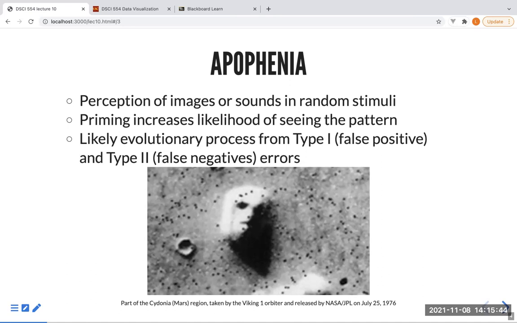So this likelihood of seeing patterns, that is called again apophenia, is increased in the case where you have previous exposures. So the face is again a good example. We've been exposed to faces since birth, and we're very good at reading them. So that's one of the main things that the brain is working on subconsciously when it looks at a scene, to try to recognize if there are faces there.